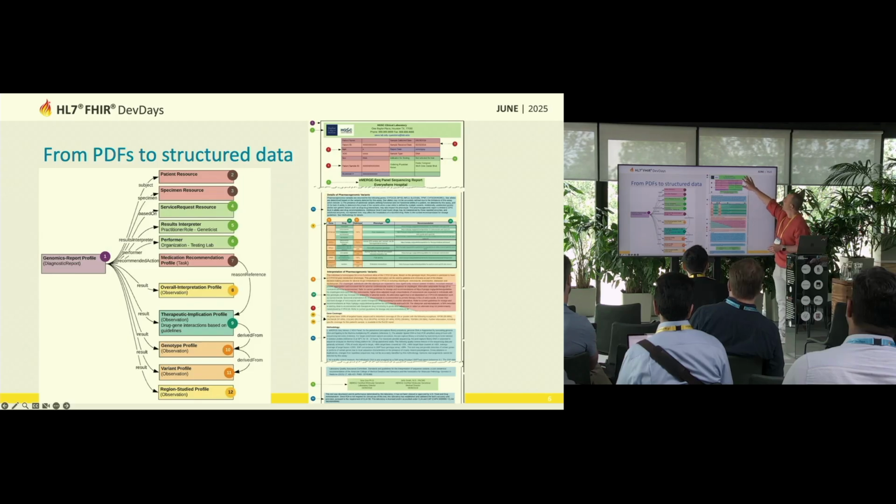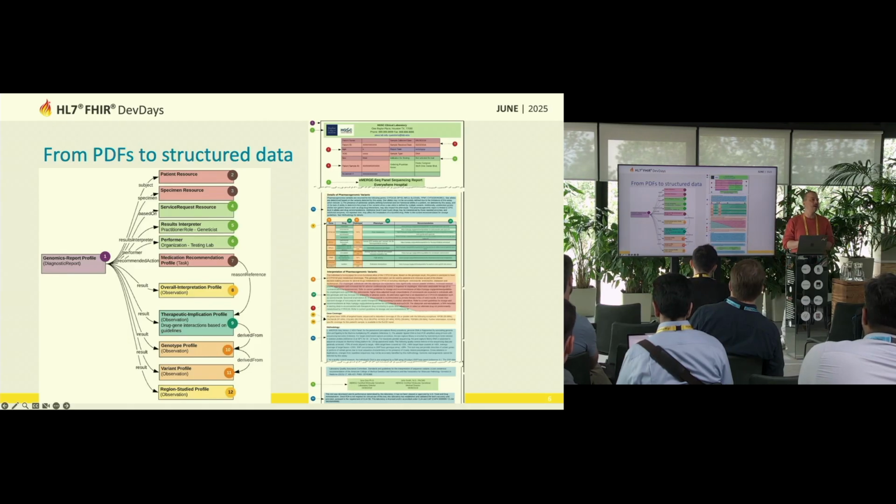They took existing reports in PDF form, this is a Baylor report, and started to classify and annotate all the information bits which are in it. And then we started to map these to our existing resources and profiles.